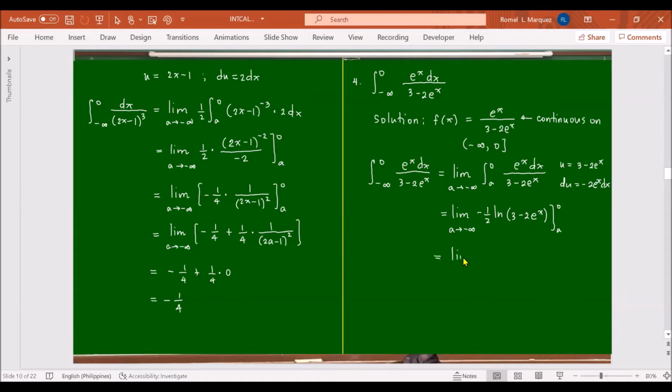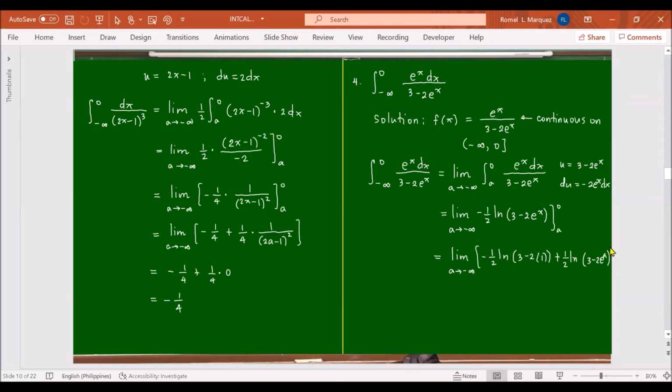So the limit as a approaches negative infinity of negative 1/2 of, at the upper limit, ln of 3 minus 2 e to the 0. E to the 0 is 1. So getting 3 minus 2 times 1 here. Okay? And then minus, so we have 1/2, positive now, ln of 3 minus 2 e to the a.